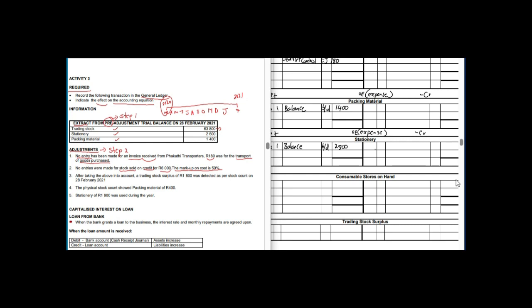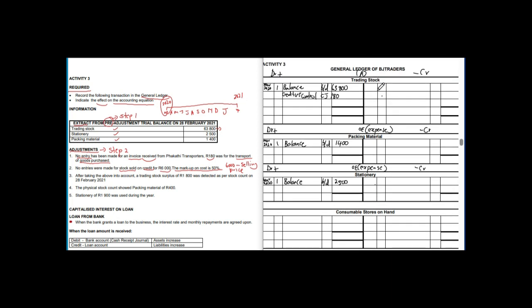That 6,000 is our selling price. And I told you guys, whenever you are dealing with an adjustment of trading stock, we always use cost of sales. We don't record the selling price, but we record the cost of the product.